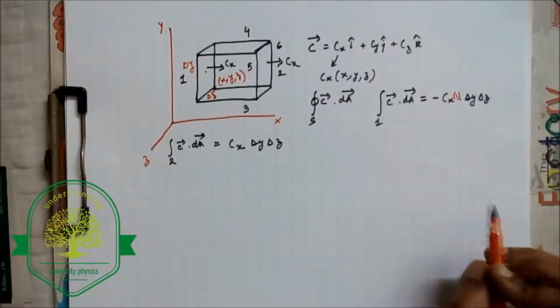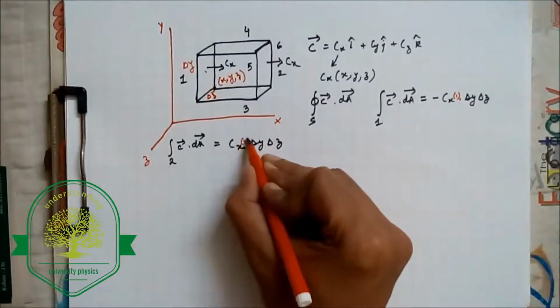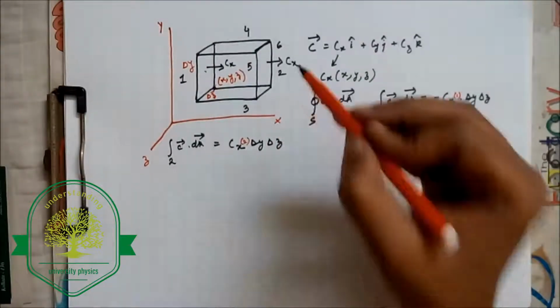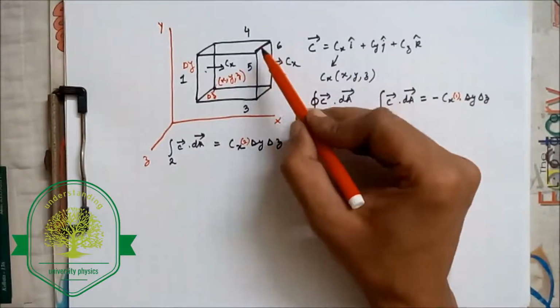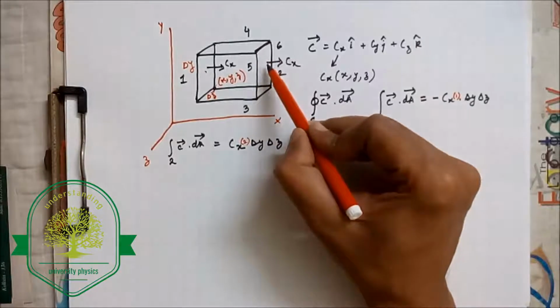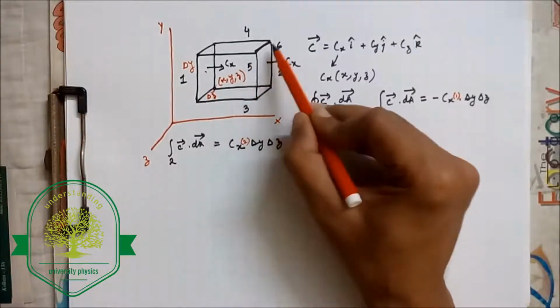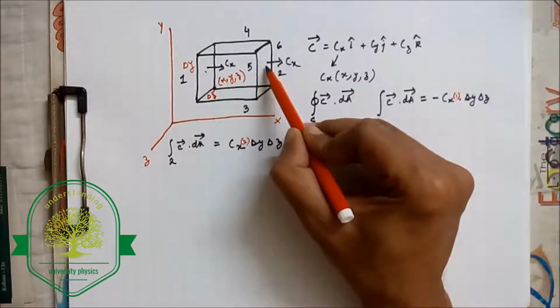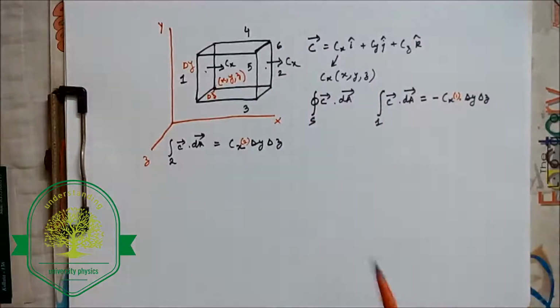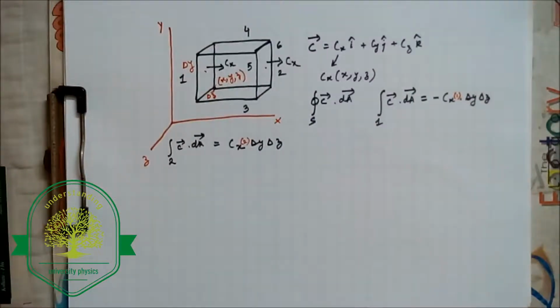Similarly, this will be Cx over the surface 2. We have approximated the value of Cx over this entire surface by the value of Cx at the center of the surface, and we call that Cx2.